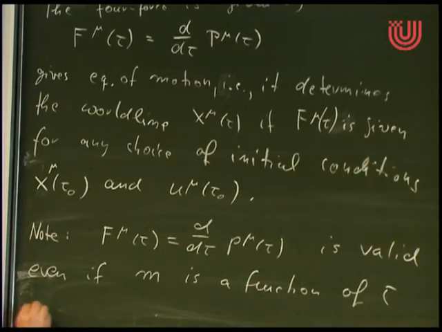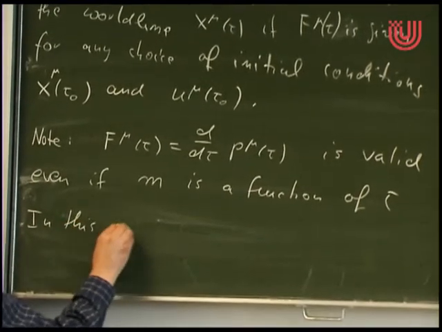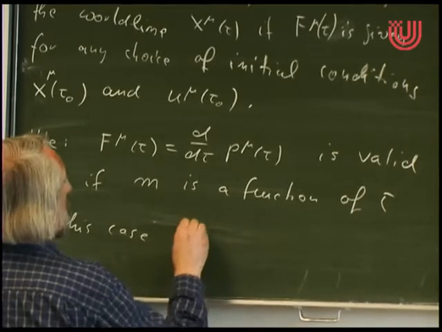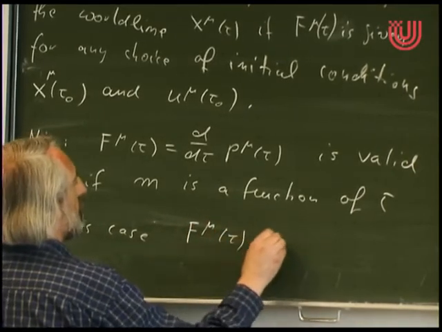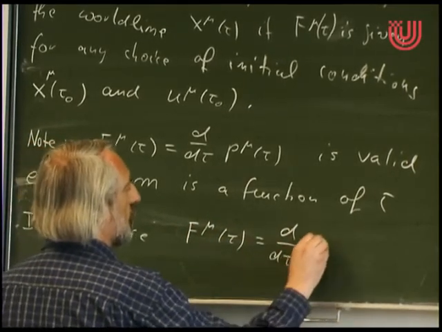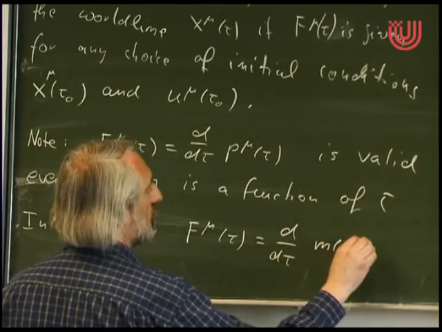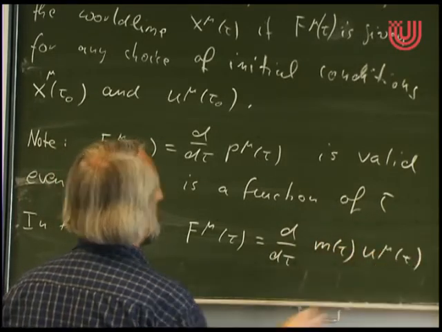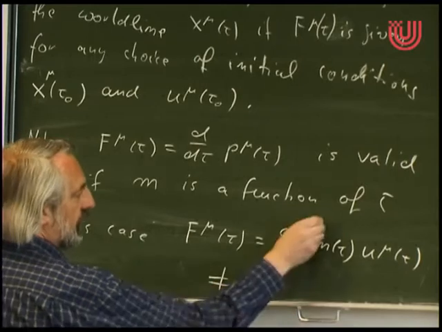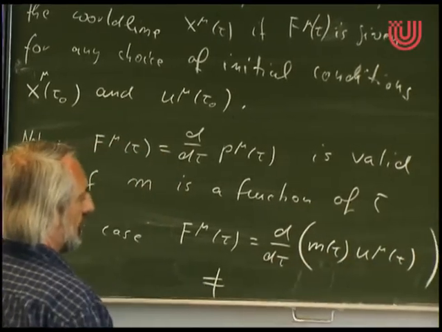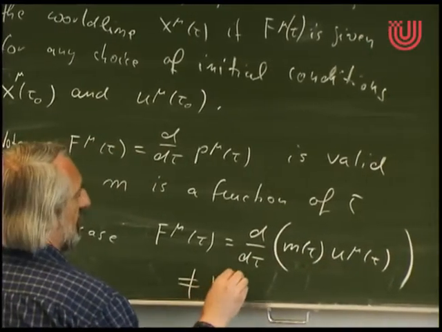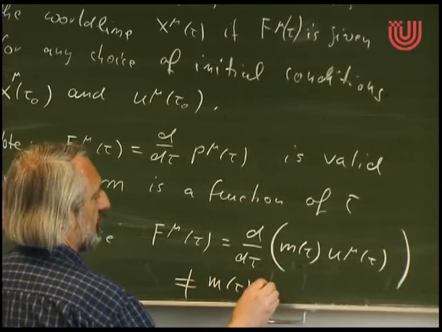So in this case, let me write this explicitly. I have this here as d by d tau of f of tau, m of tau times u mu of tau. And if the m depends on tau, this is not the same as m of tau times the acceleration.